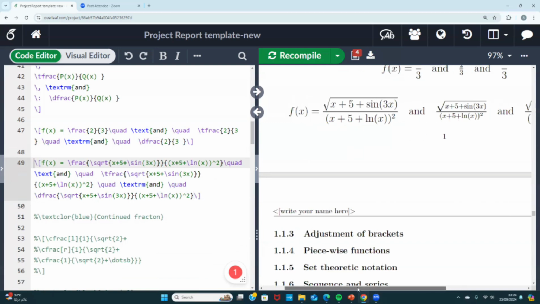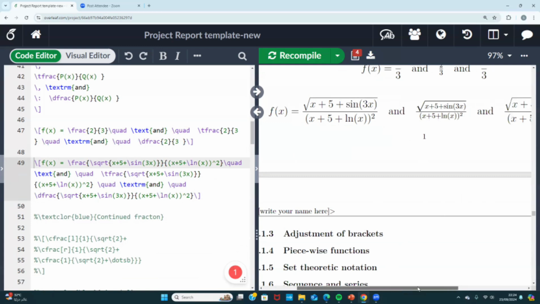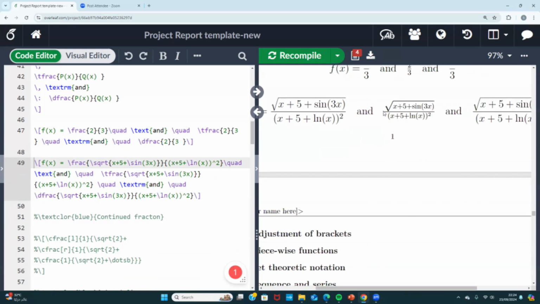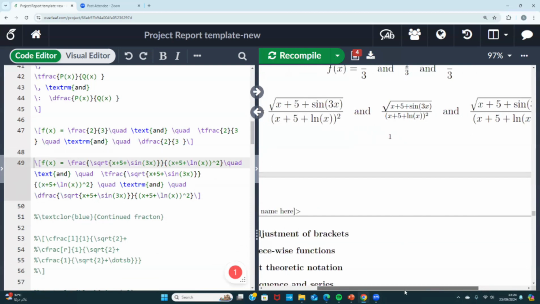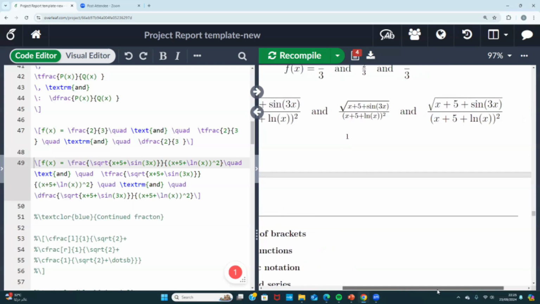This one is for frac, and this is for tfrac, this is using tfrac, and this is using dfrac. Again, frac and dfrac will not give much difference here, but tfrac becomes much smaller. As I said, if you need to reduce the length of the equation, you can use tfrac whenever you need it.